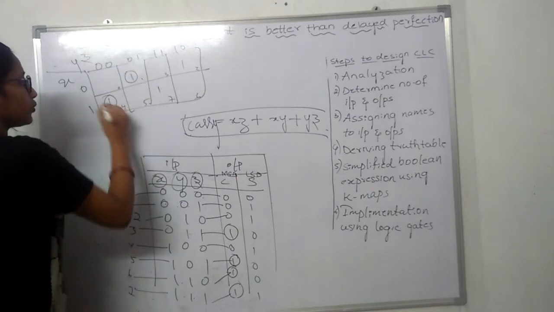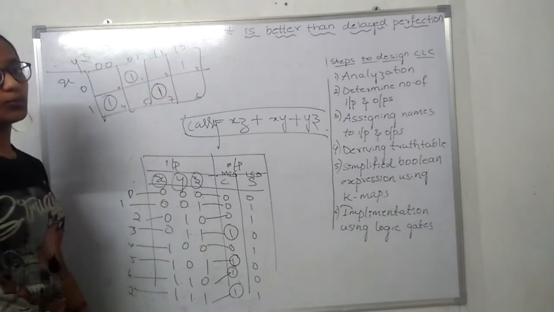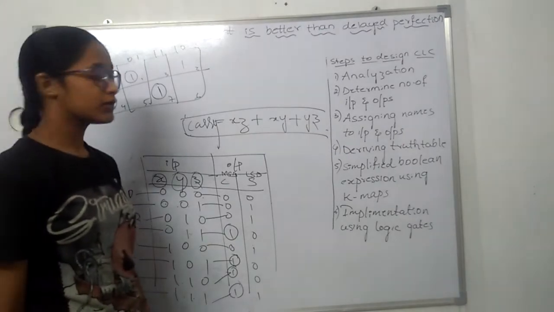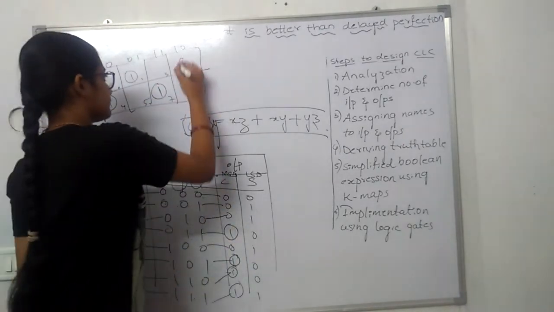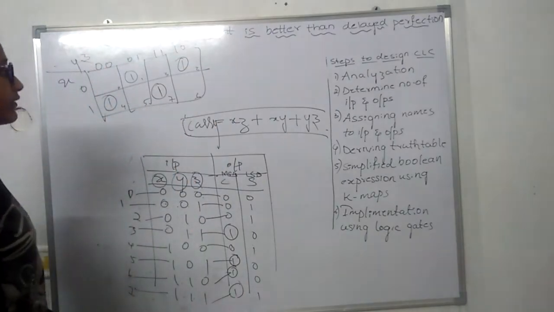We cannot go to maximum grouping of 2, 4, 8 because those are individual, so we have to give single groupings.